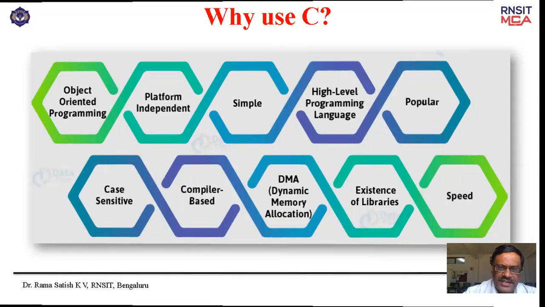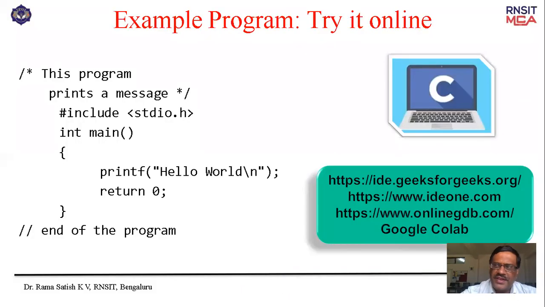Now, let us look into the various components of a C program. If you look at a sample C program, of course, it has comments. You can write comments like this. See, it is a multi-line comment. Multi-line means you can write the comment in 2 lines.